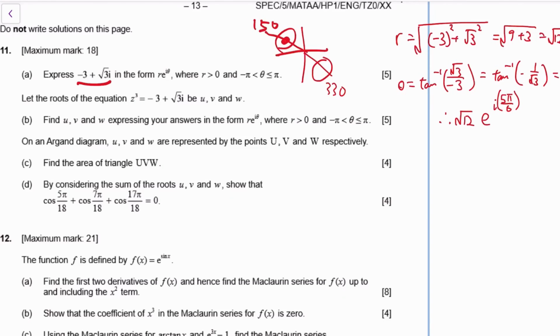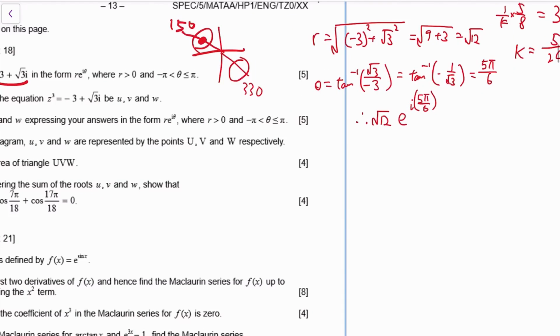The cube roots of that are u, v, and w. Find them. Okay, so let's change color. The z cubed would be root 12 e^(i 5 pi over 6). So u, v, w are the cube roots of them.